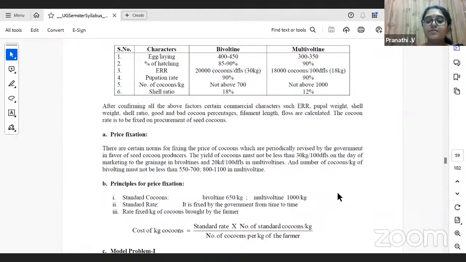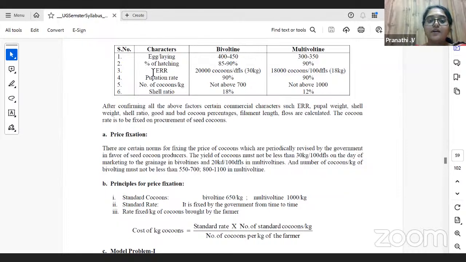The yield of the cocoons must not be less than 30 kgs per 100 disease free layings on the day of the marketing in case of bivoltines, and 20 kgs per 100 DFLs in case of multivoltines.